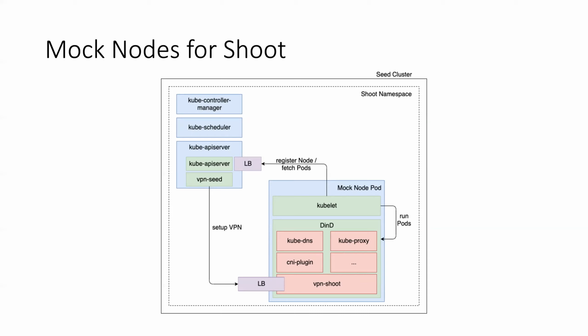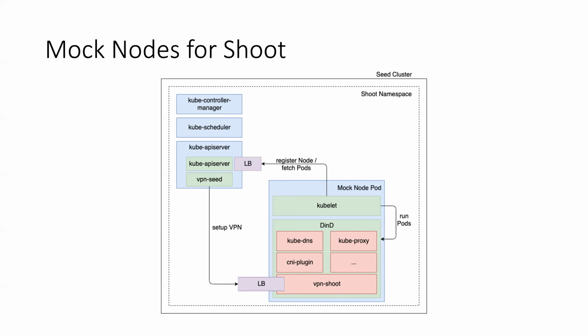But for the Gardener, of course, most relevant is the VPN shoot pod. Normally, this would have a load balancer attached to it, which can be used then by this VPN seed sidecar in the Kube API server pod to set up the VPN connection. But as we are now running on the same cluster, we don't even need such a load balancer.